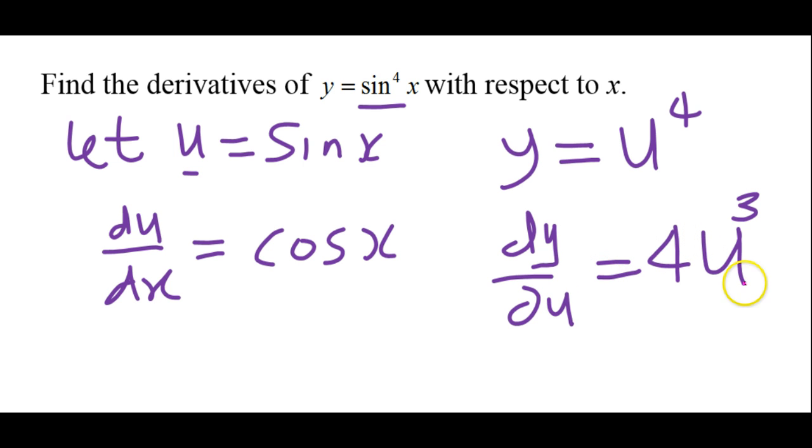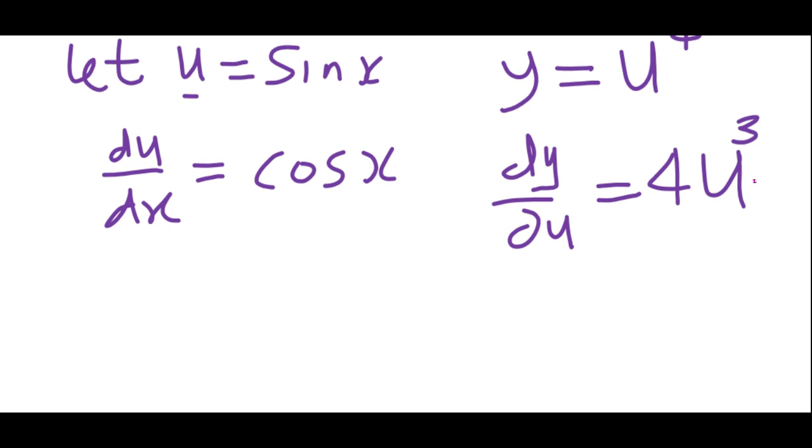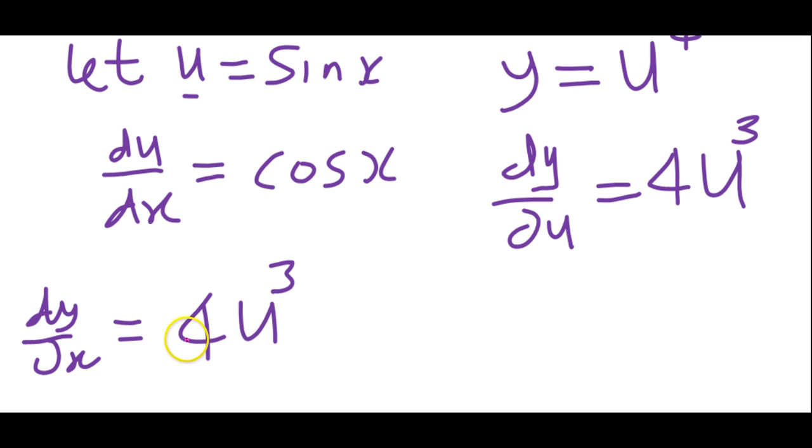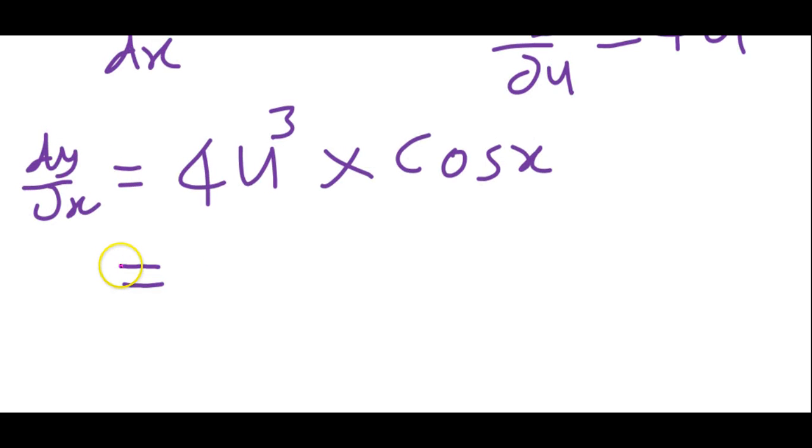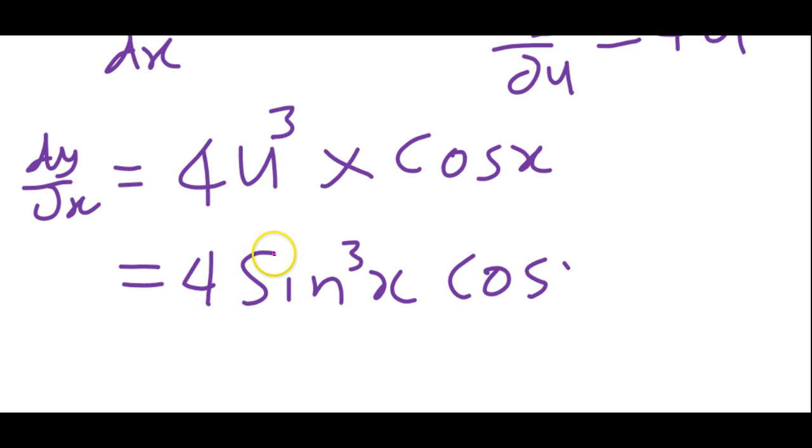Then based on our product rule, we can say that dy/dx is equal to dy/du times du/dx, and dy/du is 4u cubed times du/dx, which is cos x. Now when I substitute the u back, then I will say 4 sine cubed x cos x.